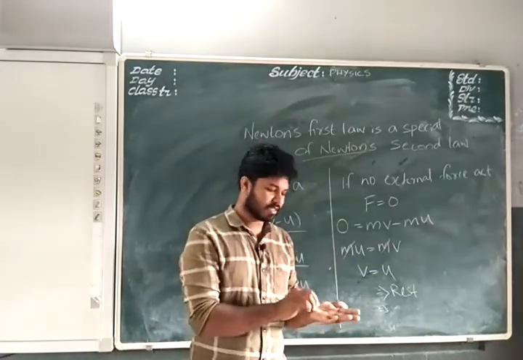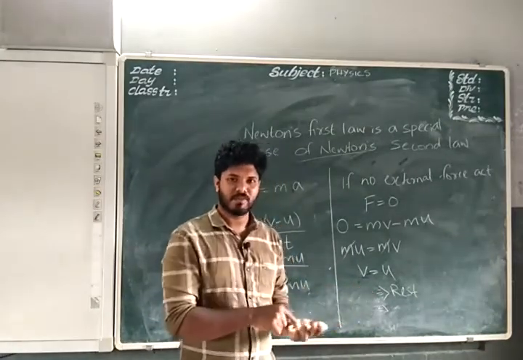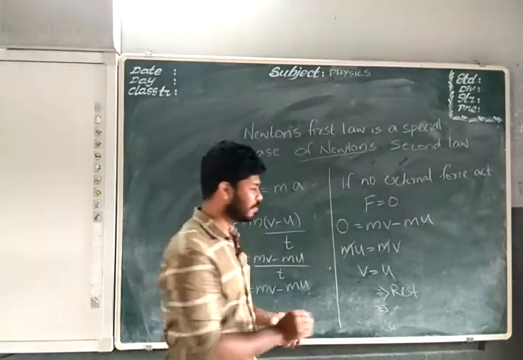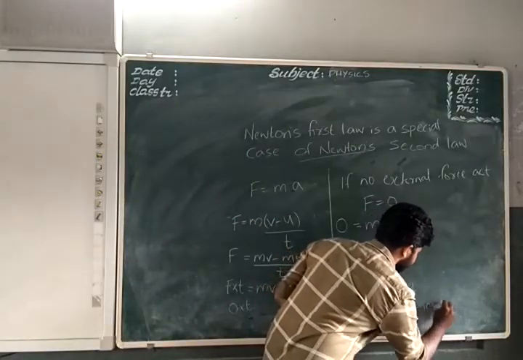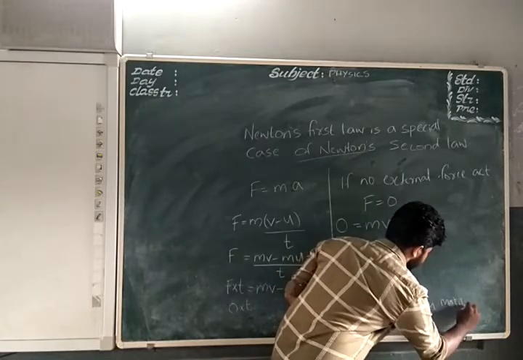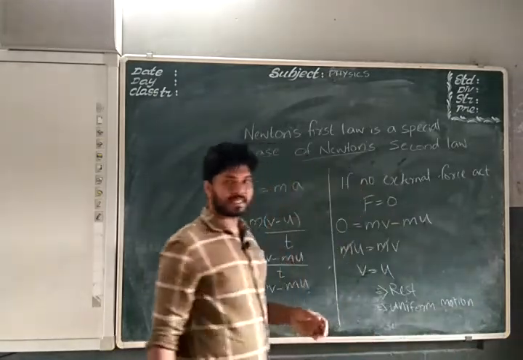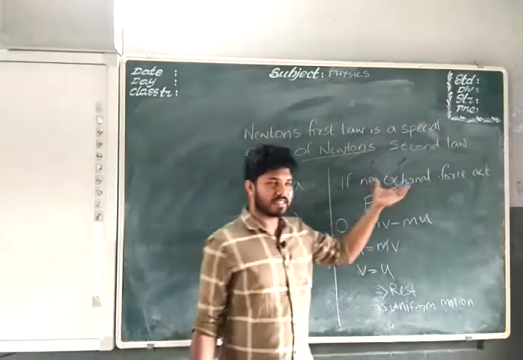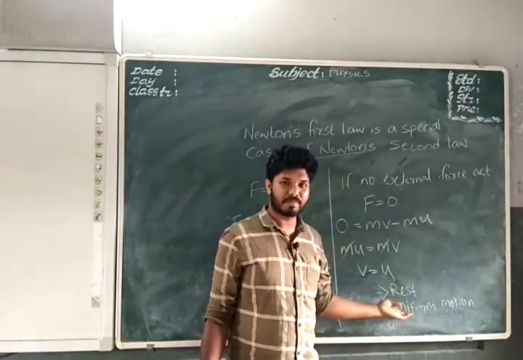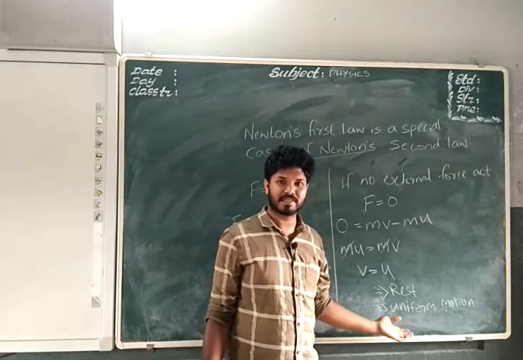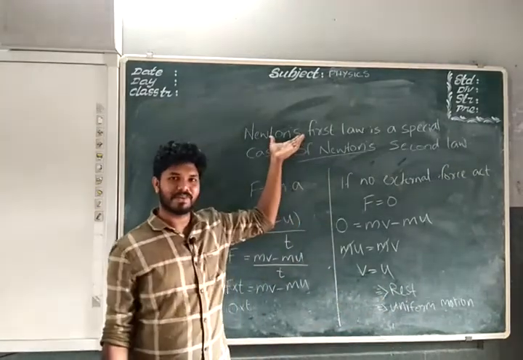After 10 minutes, it is again moving at 5 meters per second. What is this motion called? Uniform motion, isn't it? Uniform motion. That is, we can tell that if no external force acts on a body, the body continues to be in the state of rest or uniform motion. That is Newton's first law, isn't it?